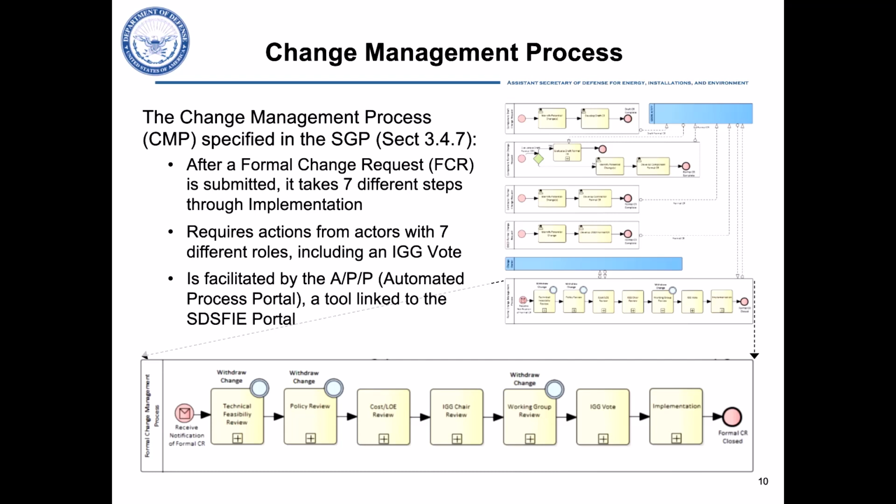The SDSFIE governance plan contains detailed sub-processes for each of the 7 steps, with actors consisting of the CR proponent, often the DoD component, DISD program staff, the support contractor, the working group involved with the particular type of change, the IG chair, and the IG itself, with the IG's component representatives casting ballots in Step 6 of the CMP, labeled IG Vote. Once the CR passes an IG vote, the changes get implemented in the next available version of the data model, standard, document, tool, or website component.